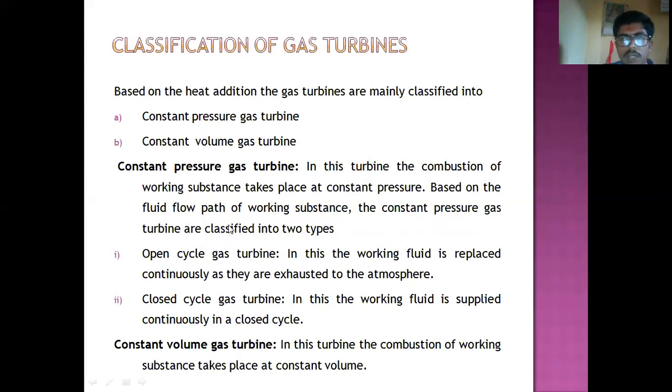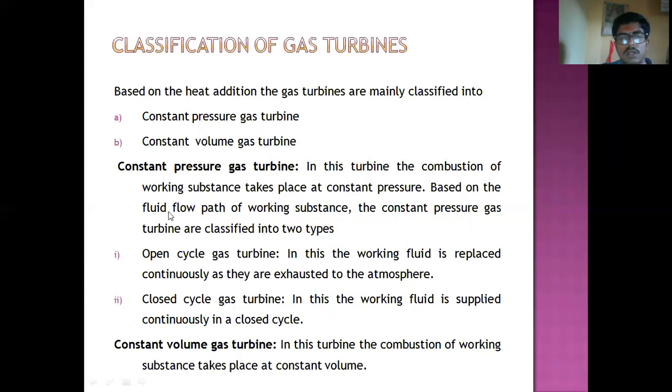In an open cycle gas turbine, the working fluid is replaced continuously as it is exhausted to the atmosphere after doing work. What do I mean by a closed cycle gas turbine? In this turbine, the working fluid is circulated continuously in a closed cycle. That is about the open and closed cycle gas turbine.